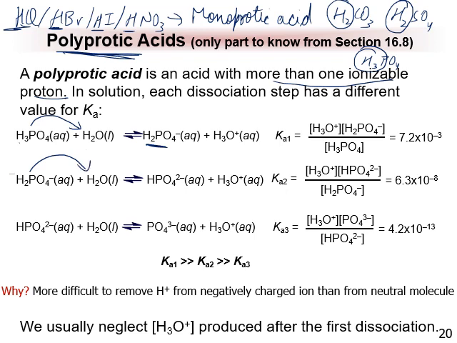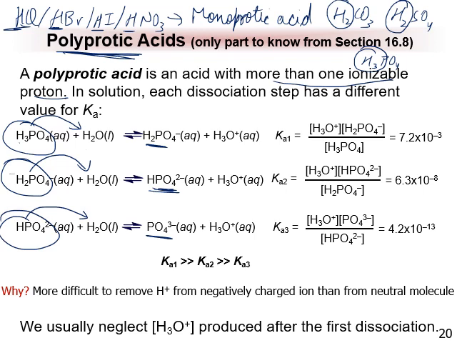So when you mix this in water, it reacts with water, gives one more proton away, and you get HPO4 2 minus and H3O plus. This right here can also act as an acid. When it mixes with water, it has one more proton that it can donate, which leads to PO4 3 minus. So this is an acid, this is also an acid, this is also an acid.